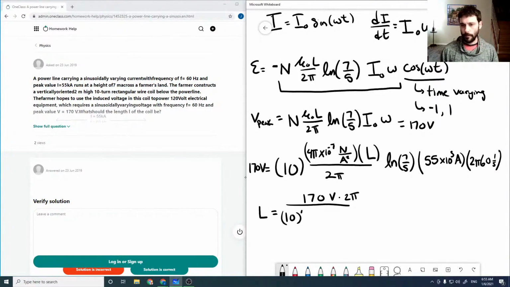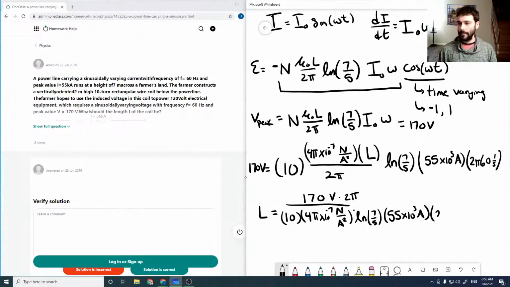So 10, 4 pi times 10 to the minus 7 newtons per amp squared, ln of 7/5, 55 times 10 to the 3 amps, 2 pi times 60 per seconds.